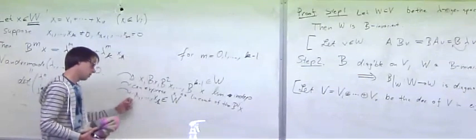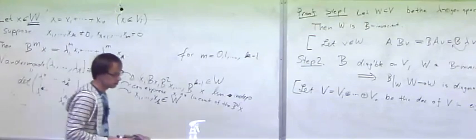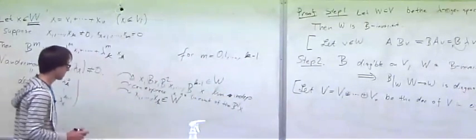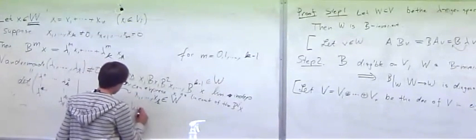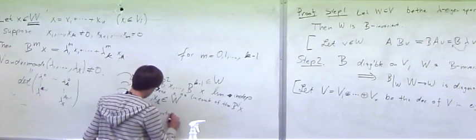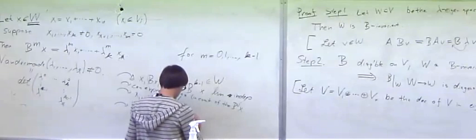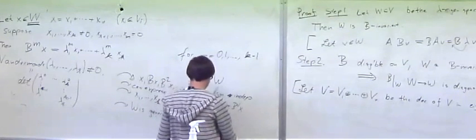And so these x1 through xk themselves are elements of W. And so W is generated by eigenvectors.